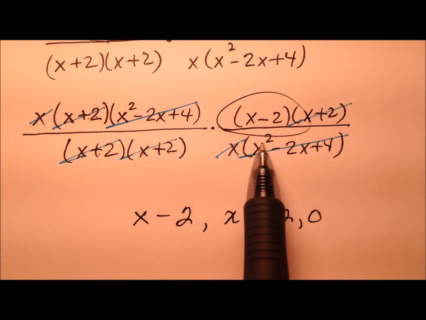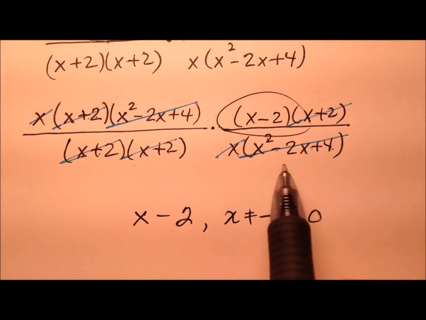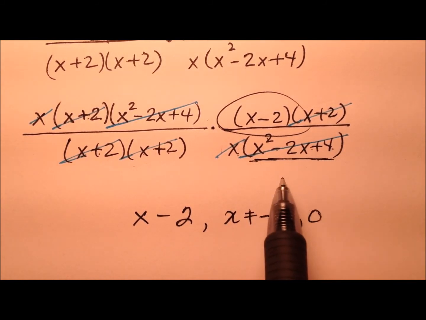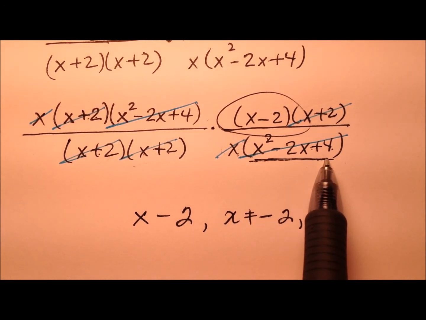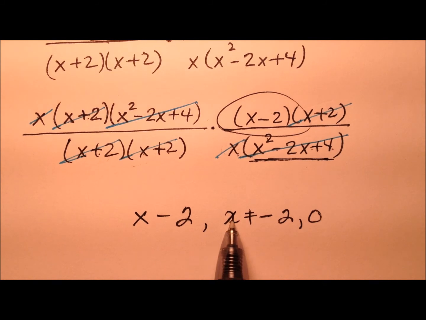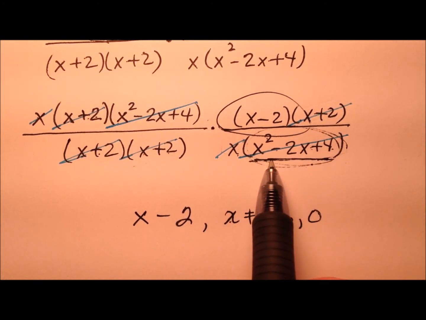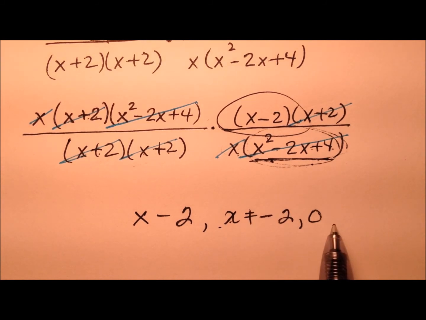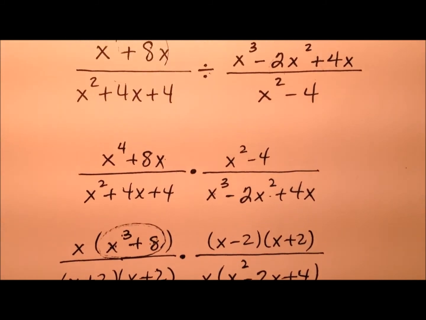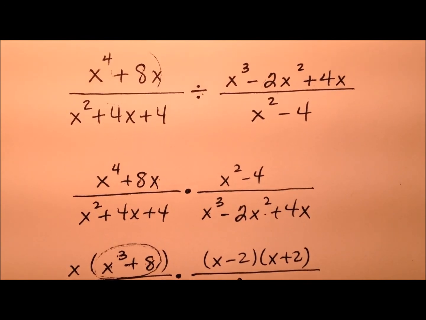And right here I have the x squared minus 2x plus 4. I already said that this is an irreducible quadratic. This will not factor over real numbers, which means there are no real values of x that I can plug in here that will give me a 0. So I do not need to take them into consideration because right now I don't care about complex values of x.